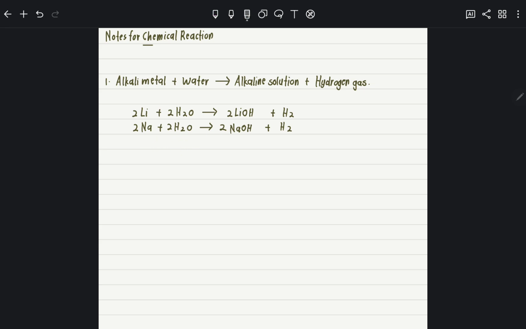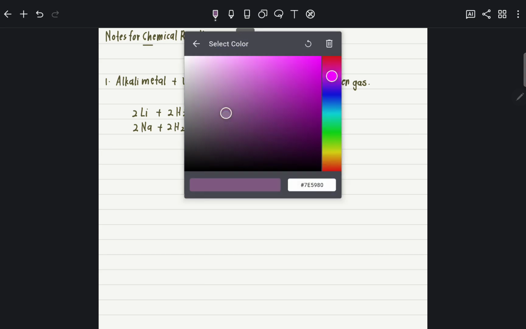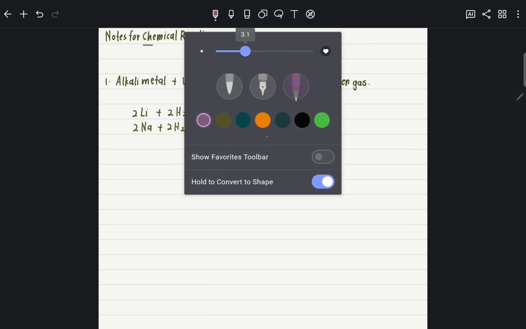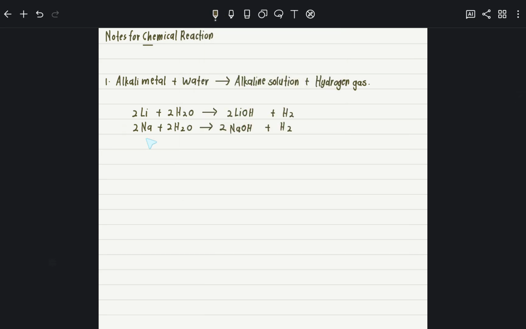If potassium reacts with H2O, it will form potassium hydroxide, KOH, and hydrogen. Not balanced yet. Put 2 here, 2 here, and 2 here. So now it is balanced.